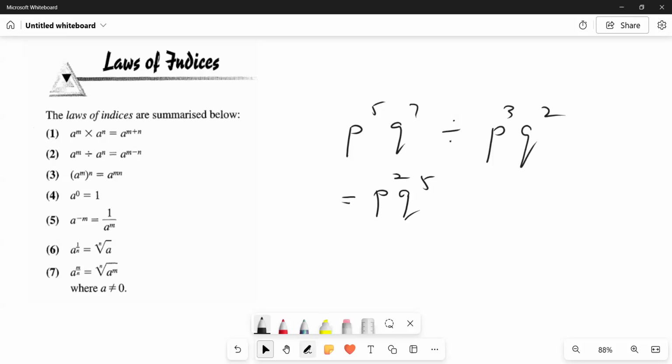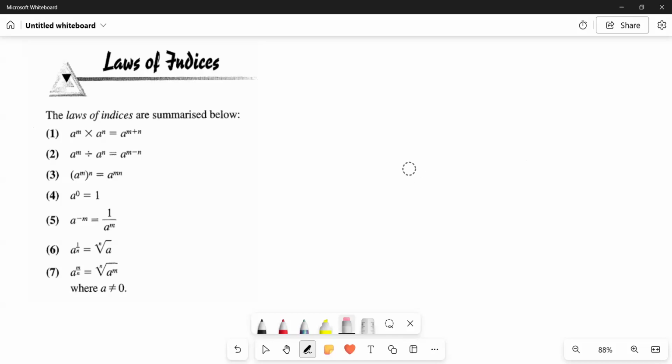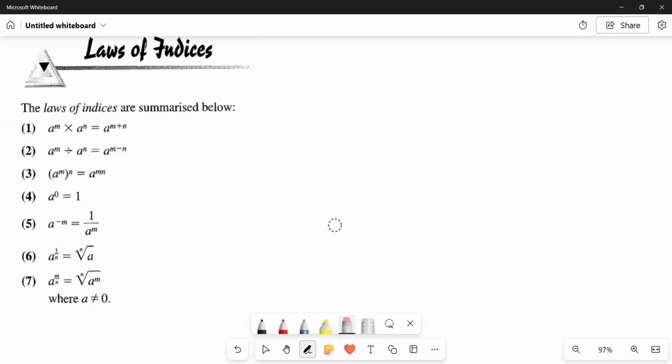Let's do a few more. I'll use some ugly numbers now.